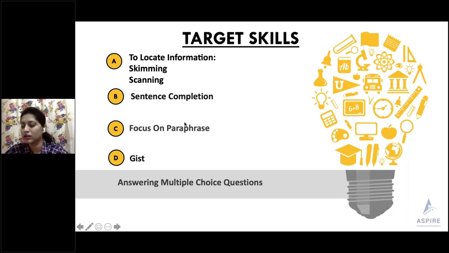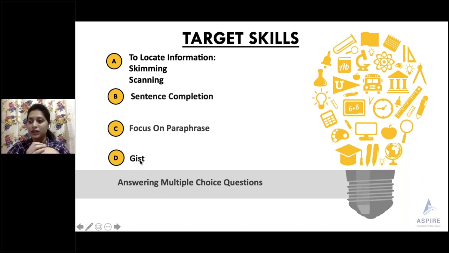For example, say baby, they might have used the term infant in the extract or the paragraph. So pay attention to those. Don't look for the exact words because that is hardly the case. Another example would be baby's legs, and you might find it as infant's limbs in the passage.